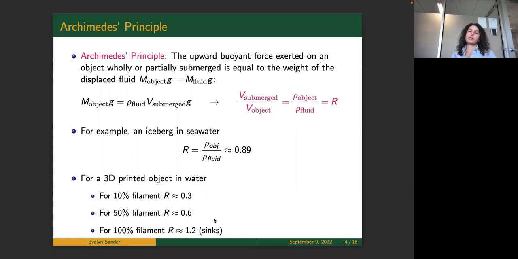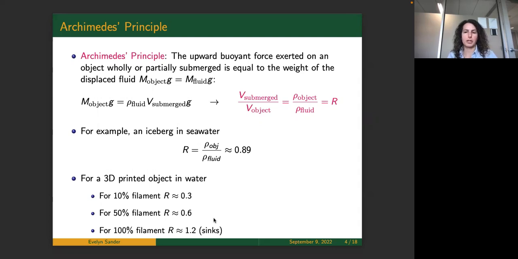The answer is that the upward buoyant force exerted on an object, this is Archimedes' principle, if it's wholly or partially submerged, is equal to the weight of the displaced fluid. So the fluid displaced corresponds to the weight of the object in the water. This can be written as the mass of the object times g.